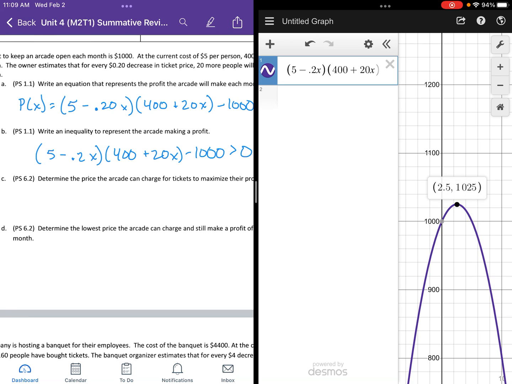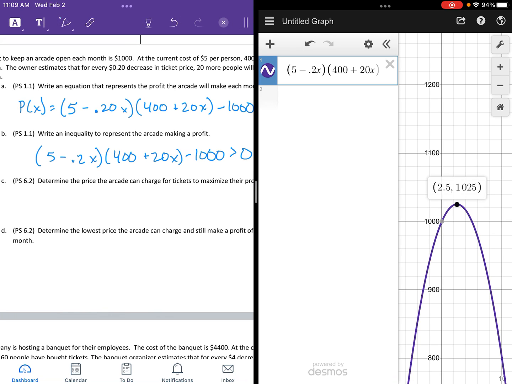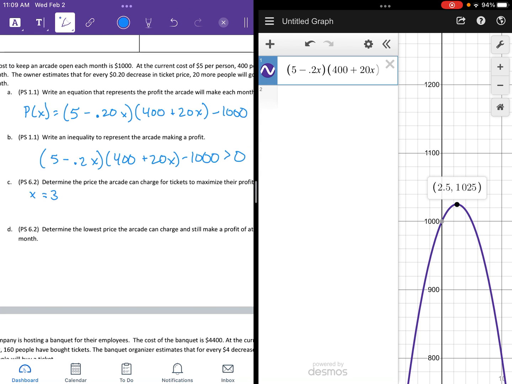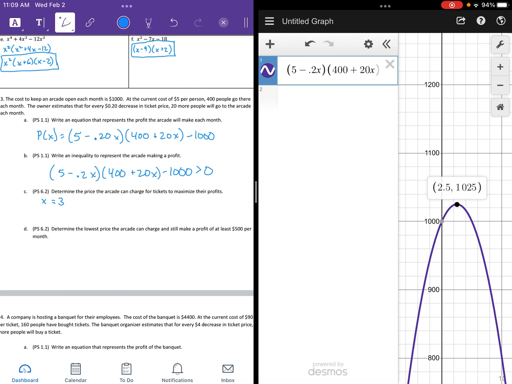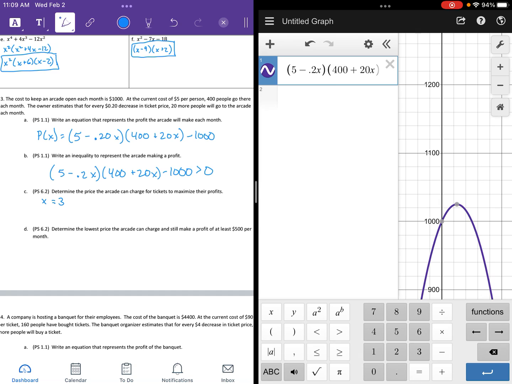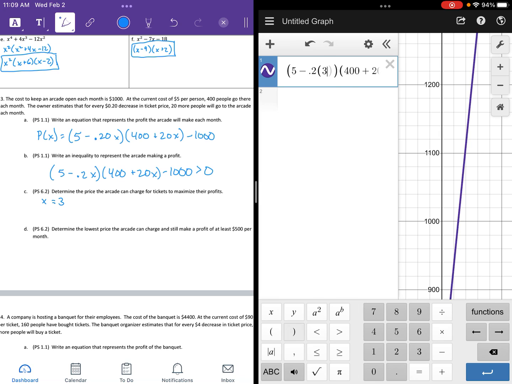Or sorry, 3. X value is going to be 3. So x is going to equal 3. Remember, I'm rounding. X is going to equal 3. So what we have to do is go back in and put 3 in for this equation. If I were to put in 3 for the equation, oh, I just erased it.